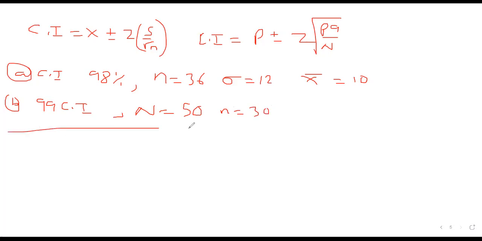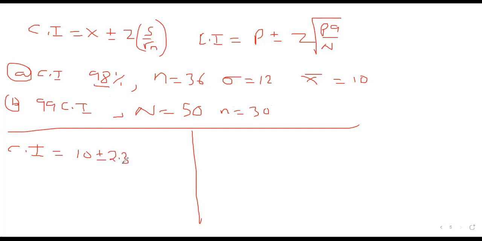Question number one, we use formula number one, confidence interval. What is our mean? Our mean is 10 plus minus. What is our Z at 98%? The Z is 2.33. Then standard deviation is 12. Our n is 36.